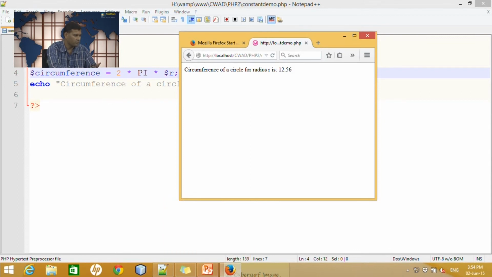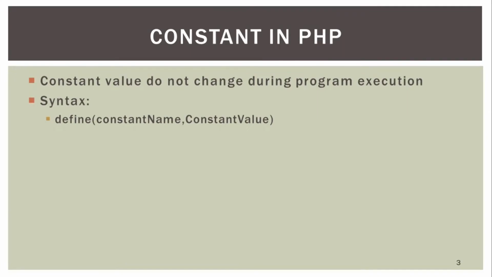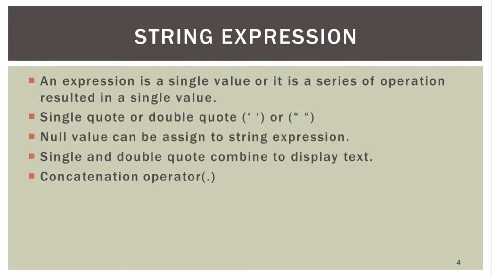You can define string constants as well. Here I defined a numeric constant of float value, it may be a string constant as well. Now, string expression. An expression is a single value or the result of an operation that gives you a single value.